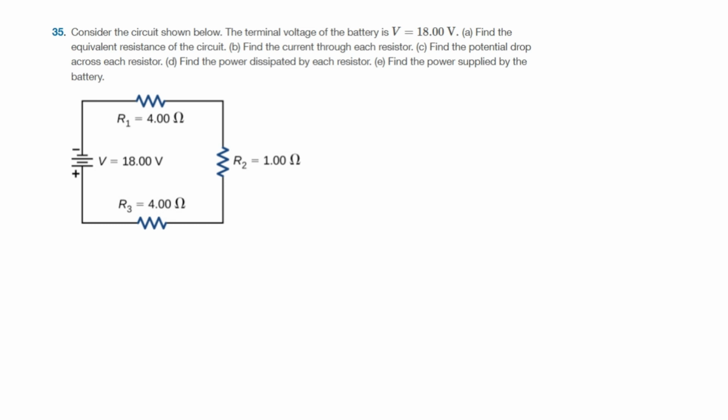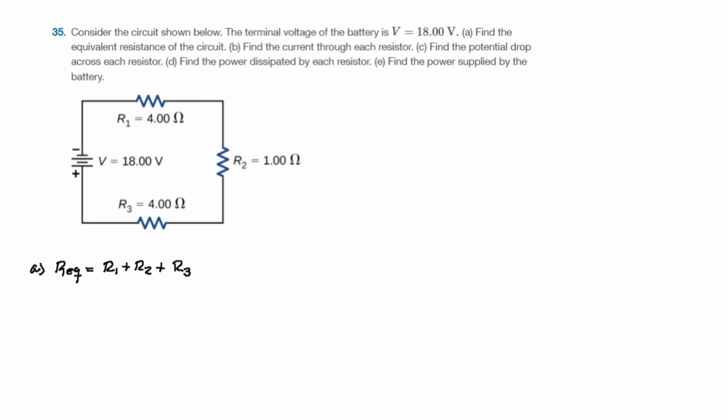So first they are asking, find the equivalent resistance of the circuit. These resistors are in series. So if I want to find the equivalent resistance, it will be R1 plus R2 plus R3.